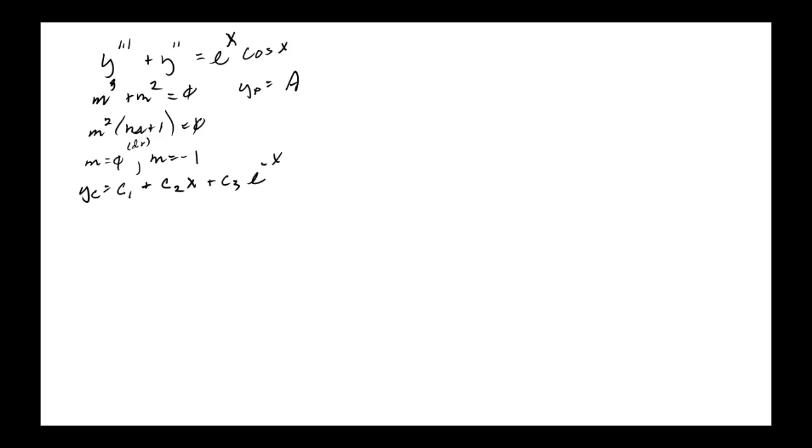What's our particular solution? a x plus b plus c x cosine... Did I hear a e to the x cosine x plus b e to the x sine x? Okay. All right. What we do from there is take a derivative.